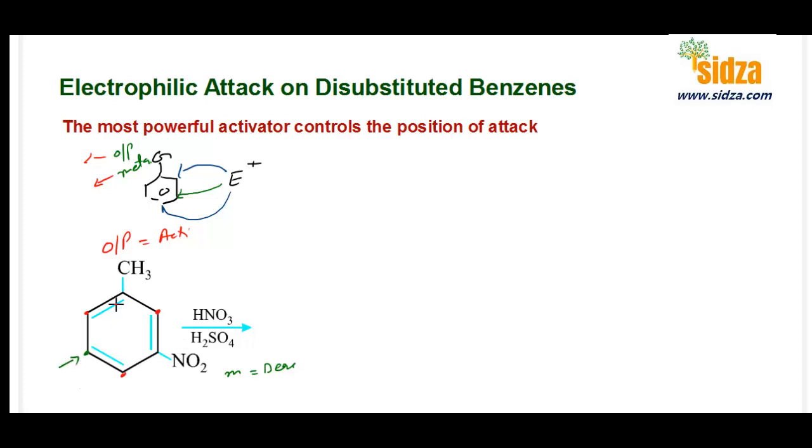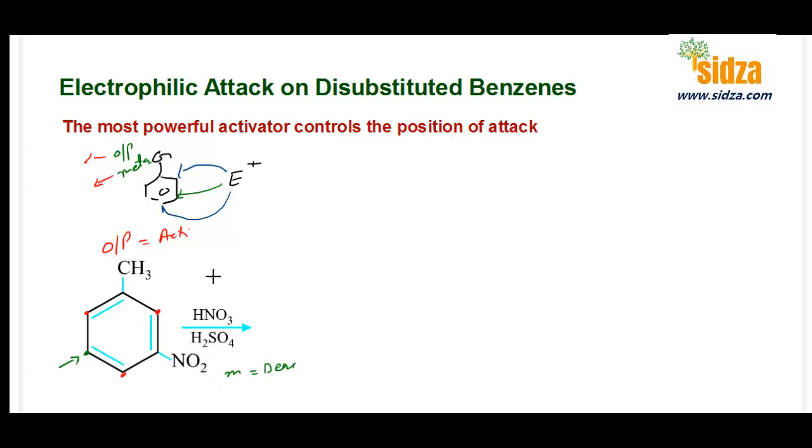So as per the nitro, it will direct the electrophile to attack at this position. However, when you have such a situation where there are two different types of groups attached, remember the electrophile always attacks the position which is determined by the ring activator. A more powerful ring activator determines the position. So we have here a ring activator which is methyl, and a ring deactivator which is a nitro group.